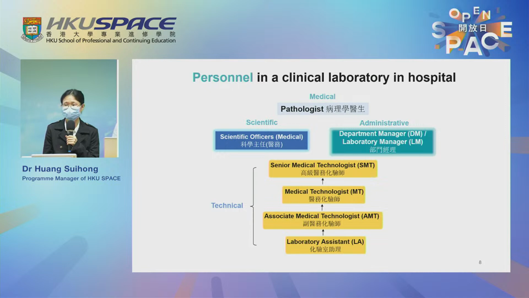And there is the scientific officer. They conduct the R&D work, the research and development work, to contribute to the improvement and innovation of laboratory techniques and technologies. And there's a department manager, or sometimes called laboratory manager. They oversee the day-to-day operation and the staff in the lab.